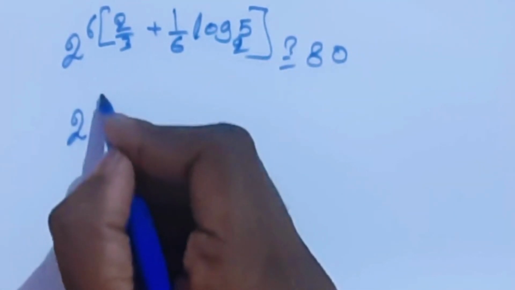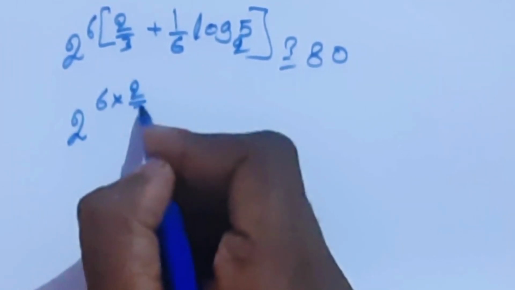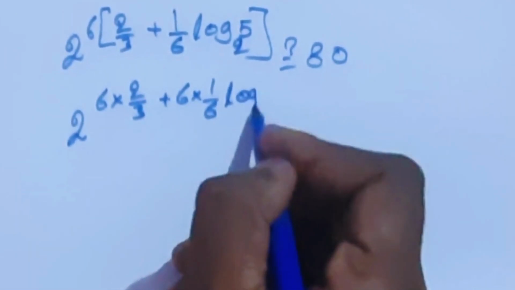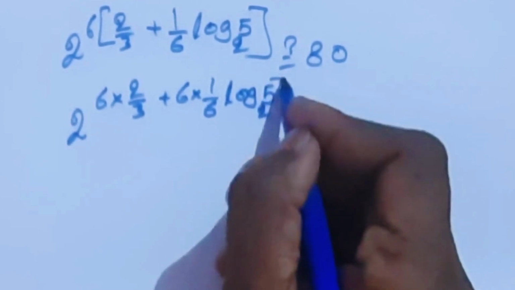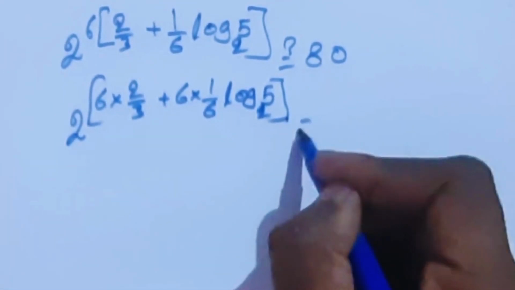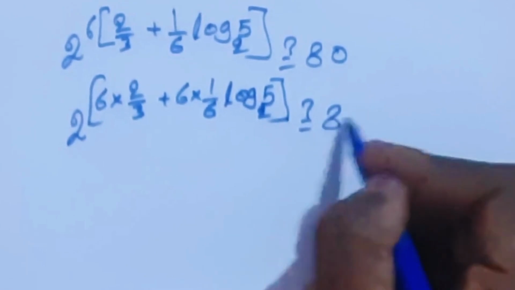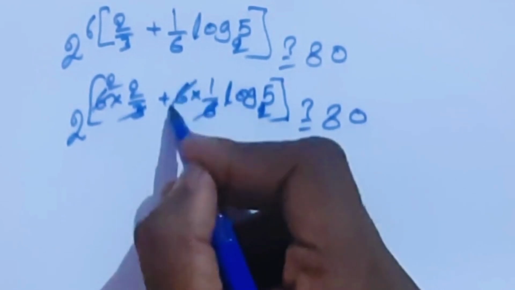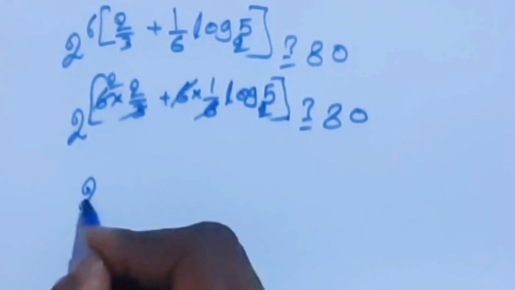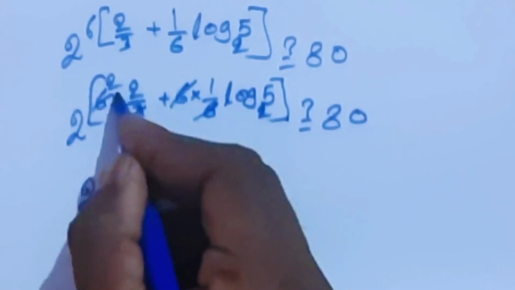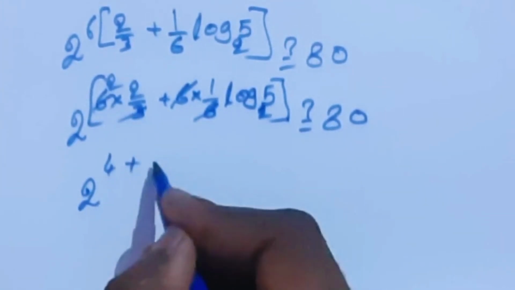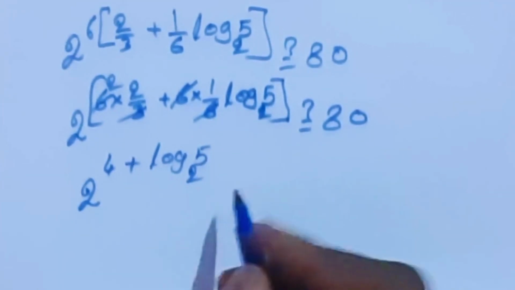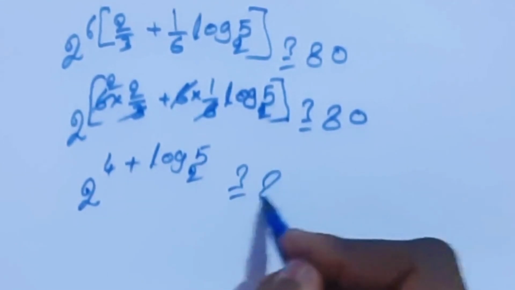So 2 power 6 times 2 by 3 plus 6 times 1 by 6 log 5 base 2 equal to 80. Now simplify this. Here we'll get 2, this cancels this 6. So 2 power 2 times 2 is 4 plus log 5 base 2 equal to 80.